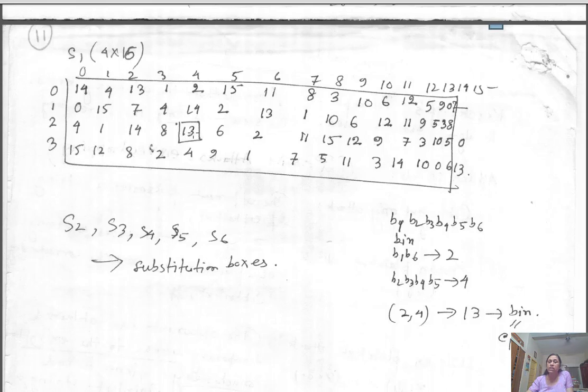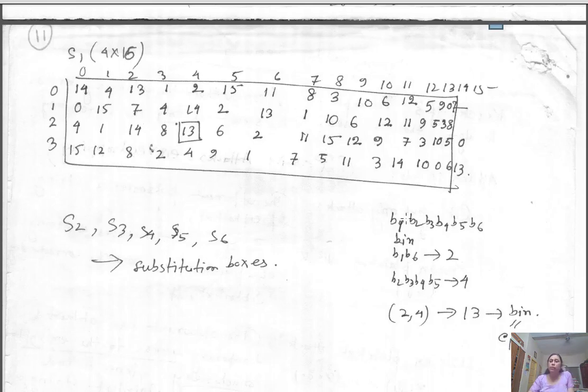The binary representation of that is essentially your 4-bit output. S box output is 4 bits. Since each of the entries in this whole box are elements of only 0 to 15, each of these elements is representable by a 4-bit string.